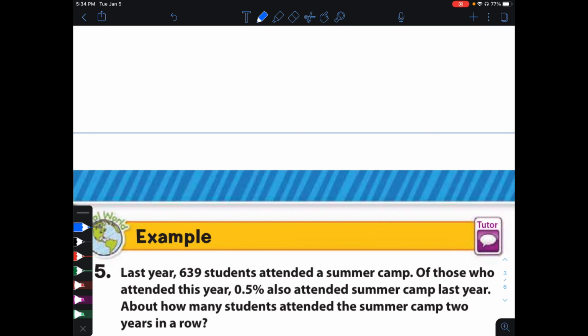So again, let's analyze this problem. You have 0.5%, which is less than 1, attended summer camp last year. And the total number of students is 639. Well, how many students attended the summer camp 2 years in a row? So we need to find the number of students who attended 2 years in a row.